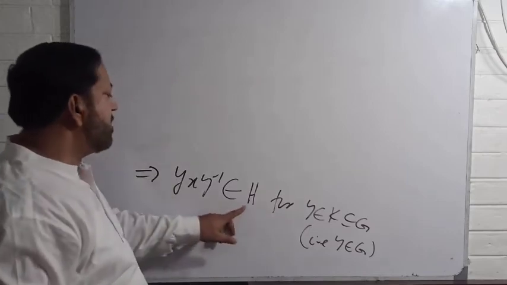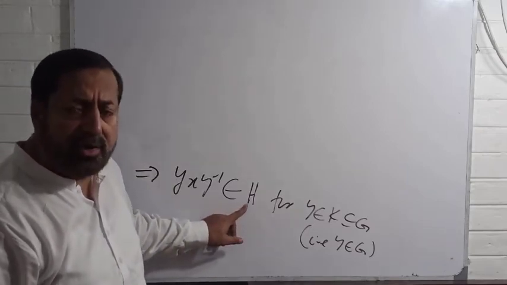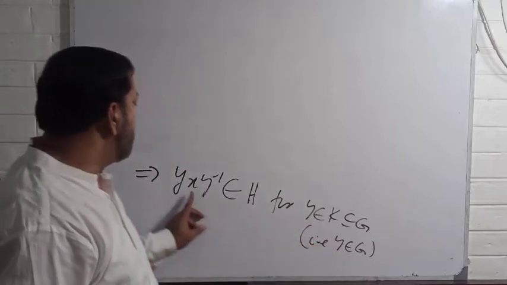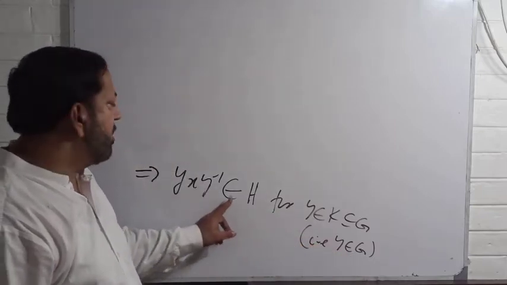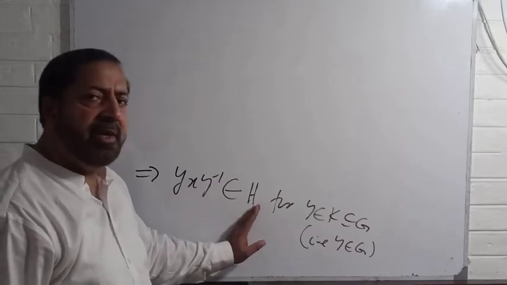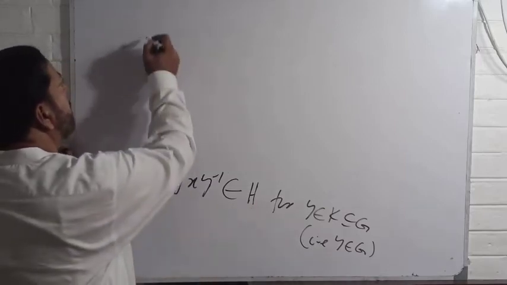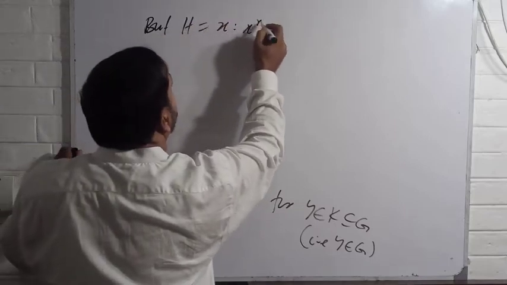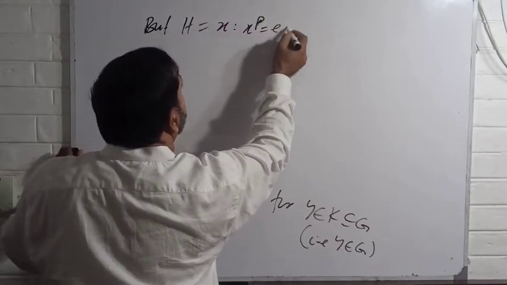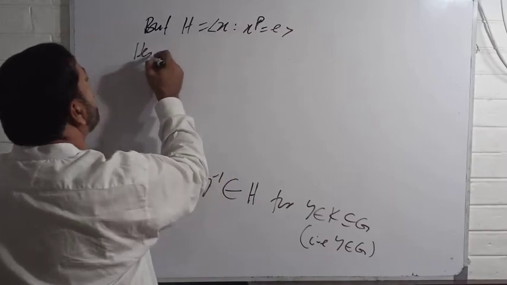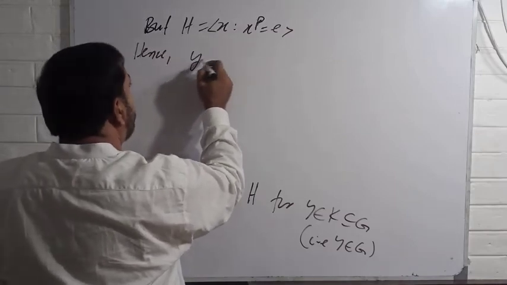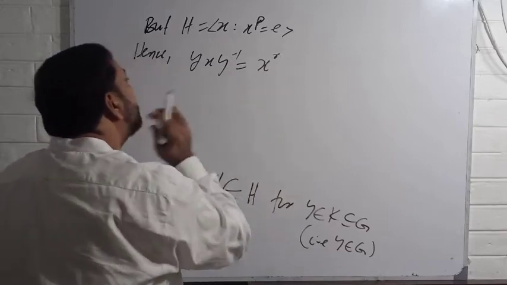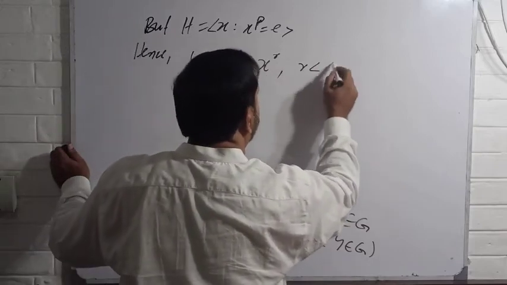So y x y inverse belongs to H, since H is normal in G, for taking y from G and x of course from H. Then this element is an element of H, but H is equal to the group generated by x, with x to the power p equal to e. Hence y x y inverse must be equal to x to the power r, where r is less than p.